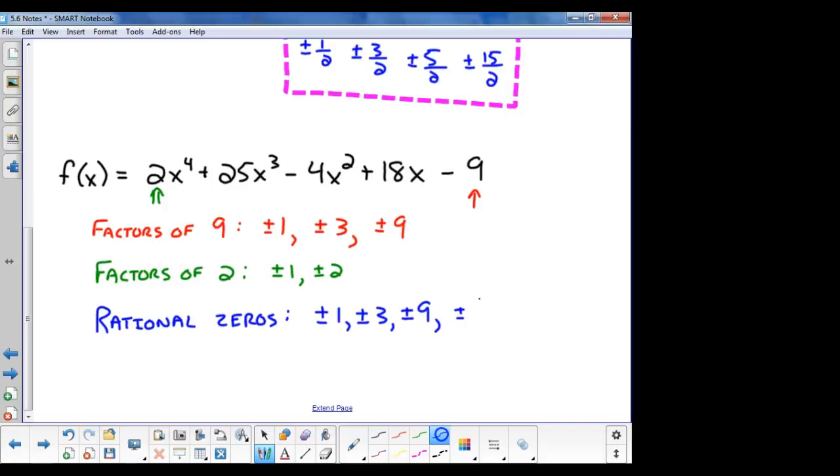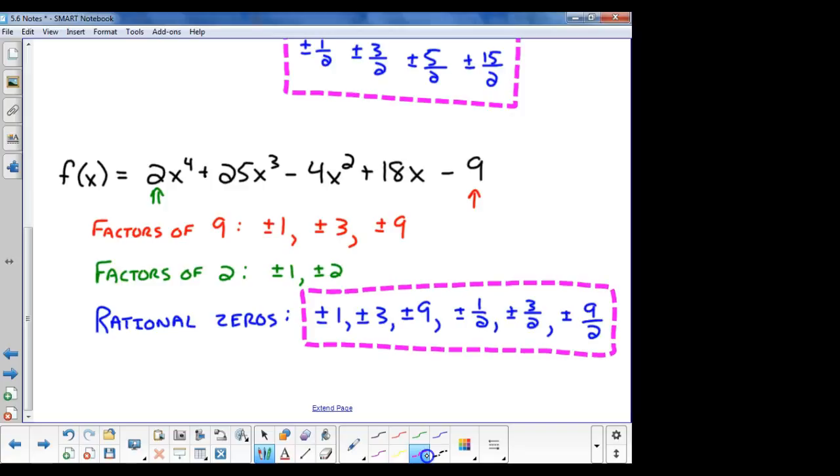So then it becomes plus or minus 1/2, plus or minus 3/2, and plus or minus 9/2. You know me, I gotta fix that. So those are all the possible rational zeros to our function right there. So again, we've taken an infinite amount of zeros and we've narrowed that field down to 12.